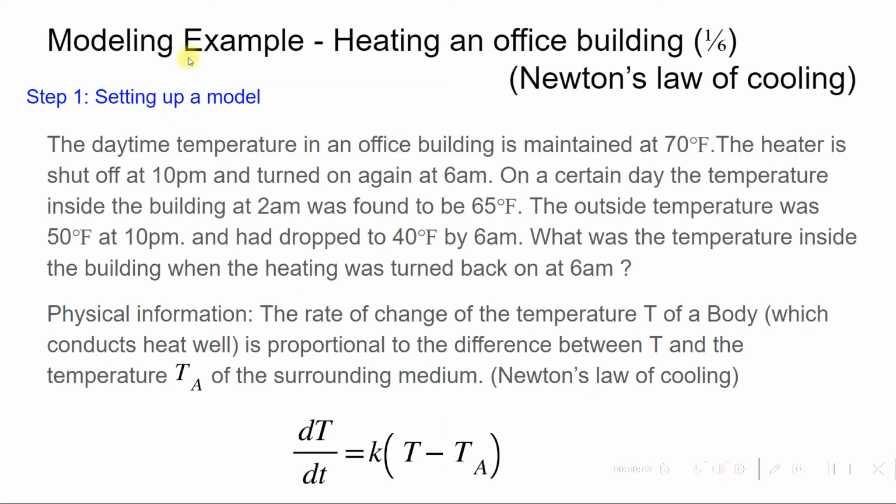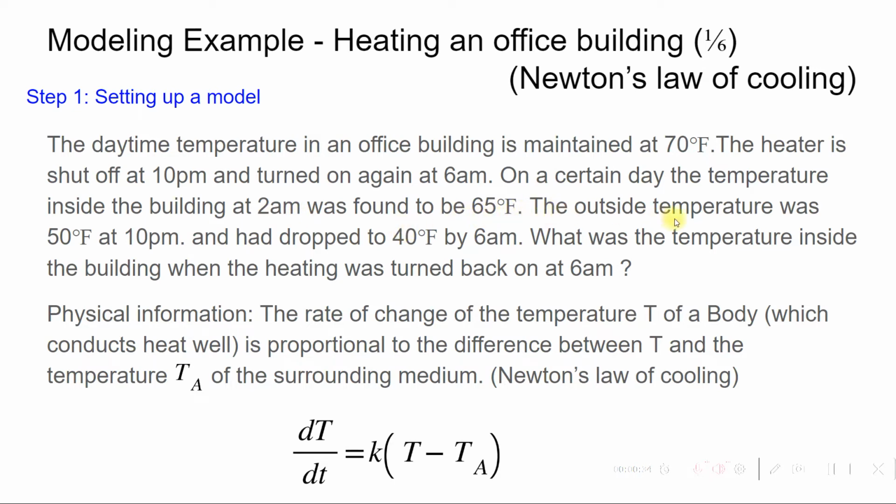Let's move on to the third modeling example. That is heating an office building. The daytime temperature in an office building is maintained at 70 degrees Fahrenheit. The heater is shut off at 10 p.m. and turned on again at 6 a.m. On a certain day, the temperature inside the building at 2 a.m. was found to be 65 degrees Fahrenheit.